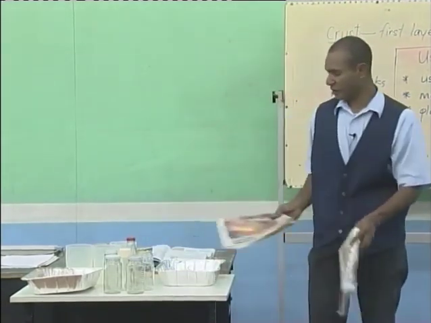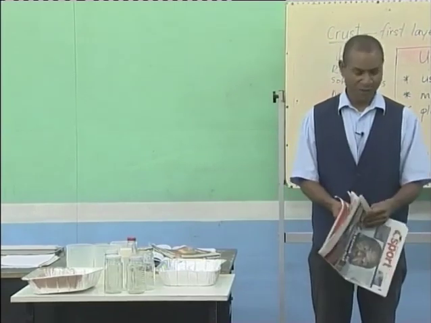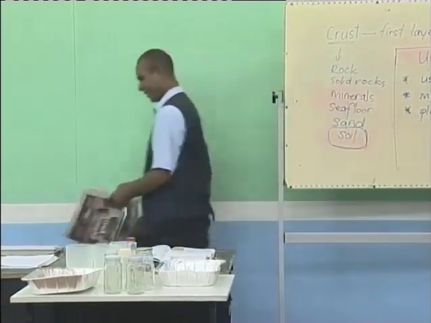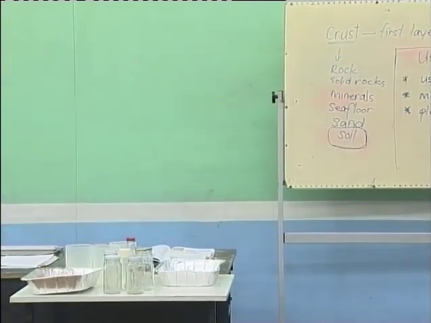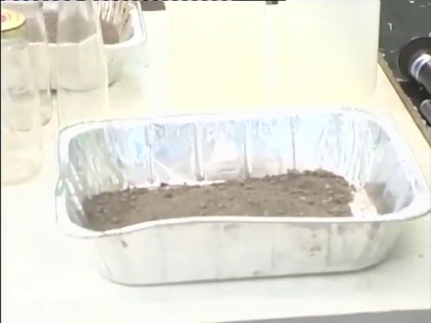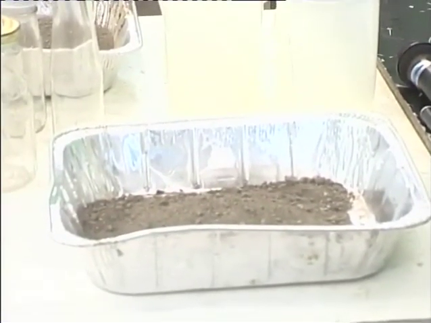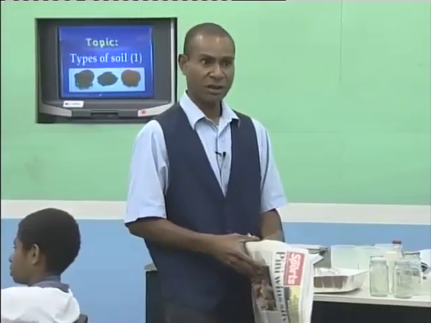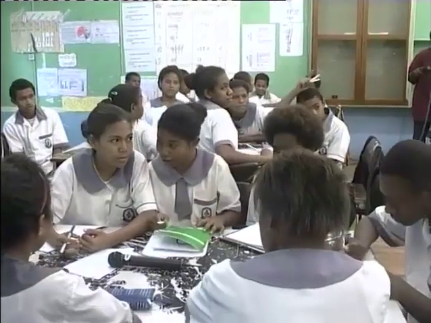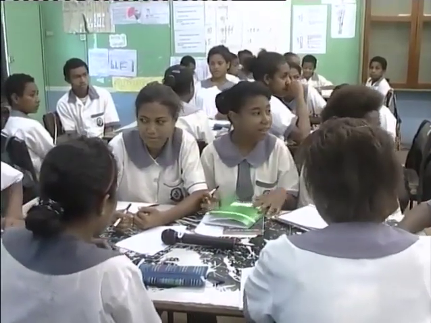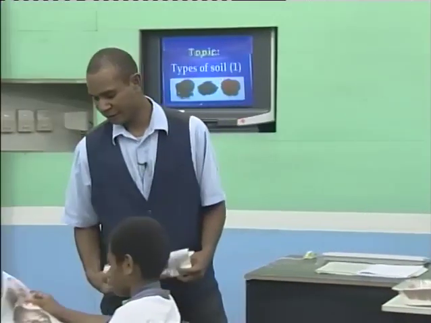Here are some newspapers, waste papers, which you will be using. Take about 2 pages each and pass to the back. Two pages for the group, and pass to the back.